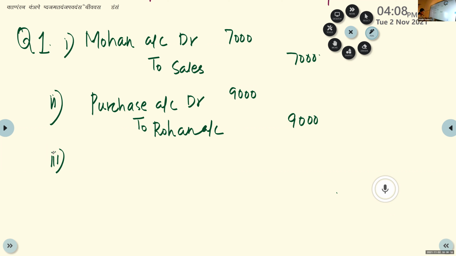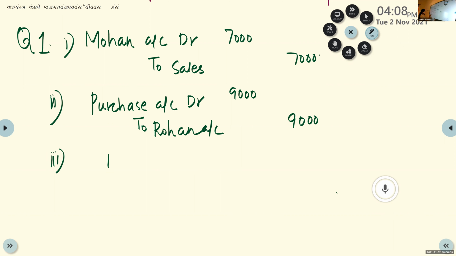So what is purchase returns now? Is it a debit or credit? Purchase is always debit. So purchase returns will be credit. So what is the entry? What is the name? Rakesh.